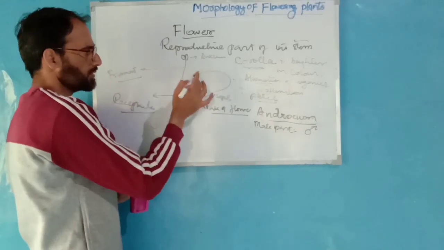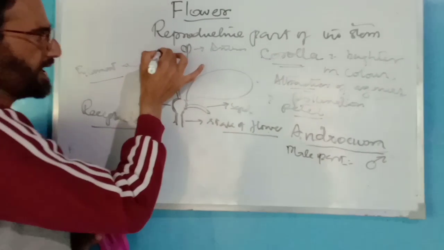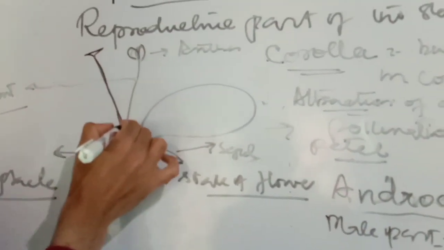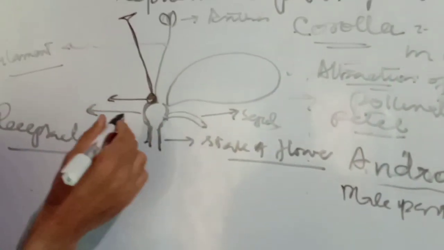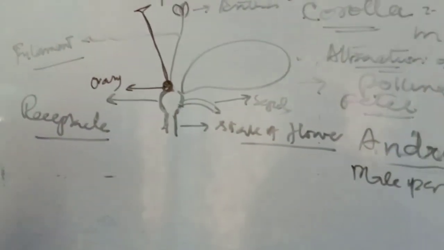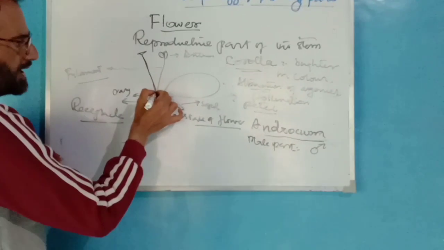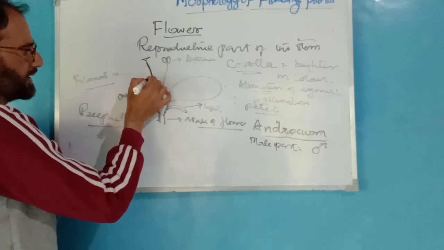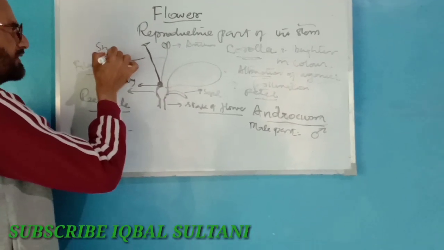So then next comes stigma. It has the ovary, this part which arises from the receptacle is called as ovary, and ovary is connected with a filament that is called as style.